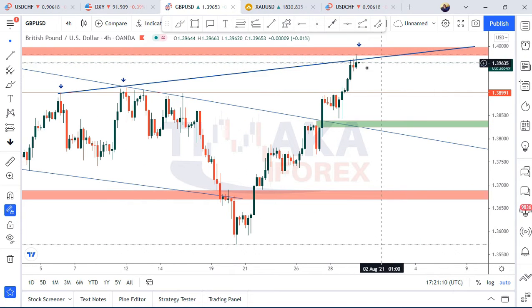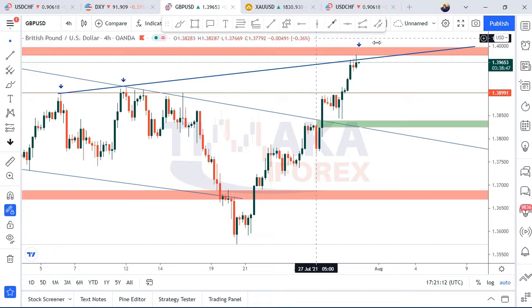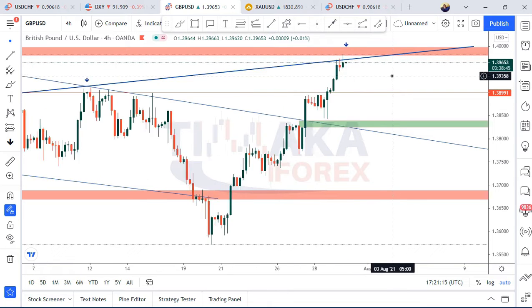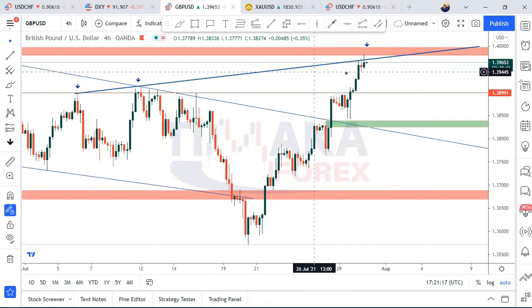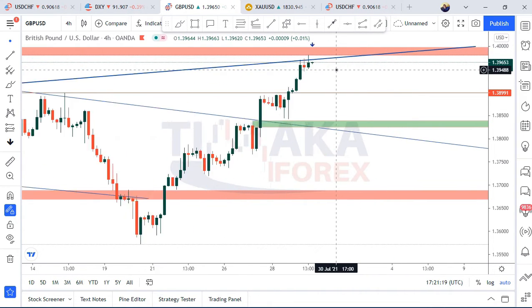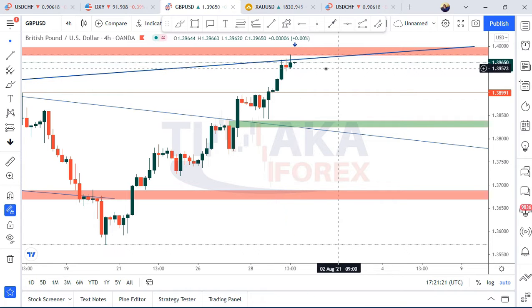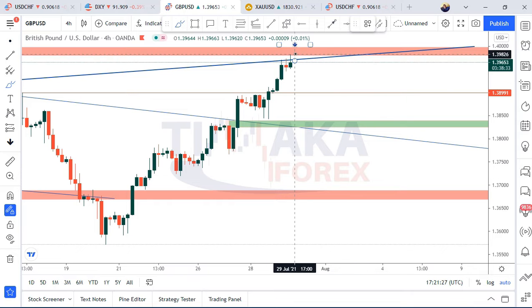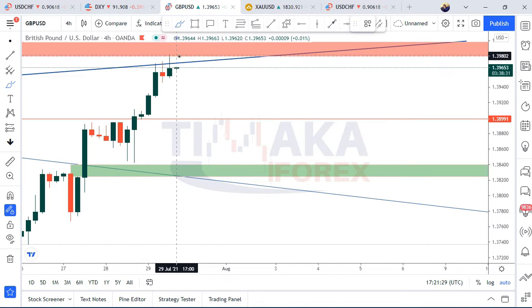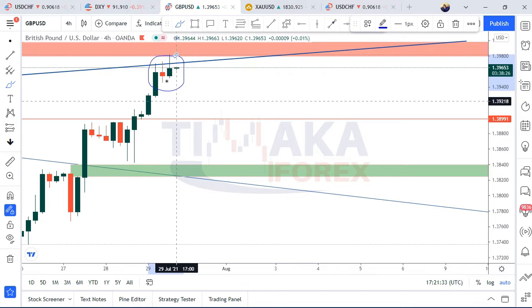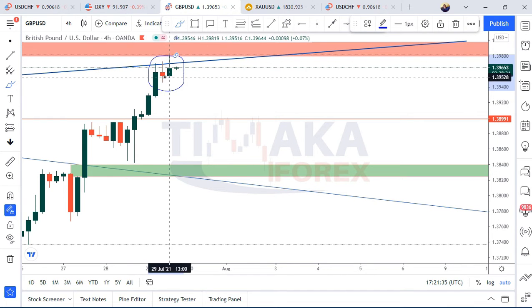So apparently we are seeing price rejecting right below the trend line, and if we can get good bearish candles below this kind of formation, we are seeing a hanging man, a pin bar and inside.